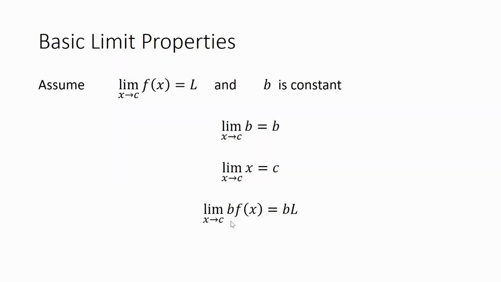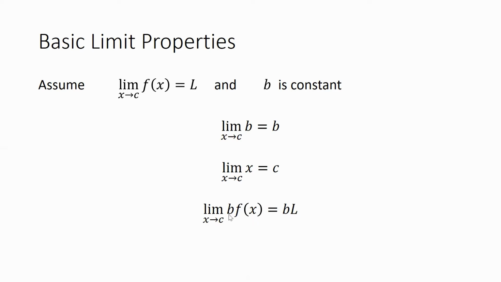Now, another thing we can do with limits is take a coefficient b and multiply it times a whole function, f of x. If we take the limit of that as x approaches c, what we're going to get is the coefficient b multiplied times the limit of f of x.